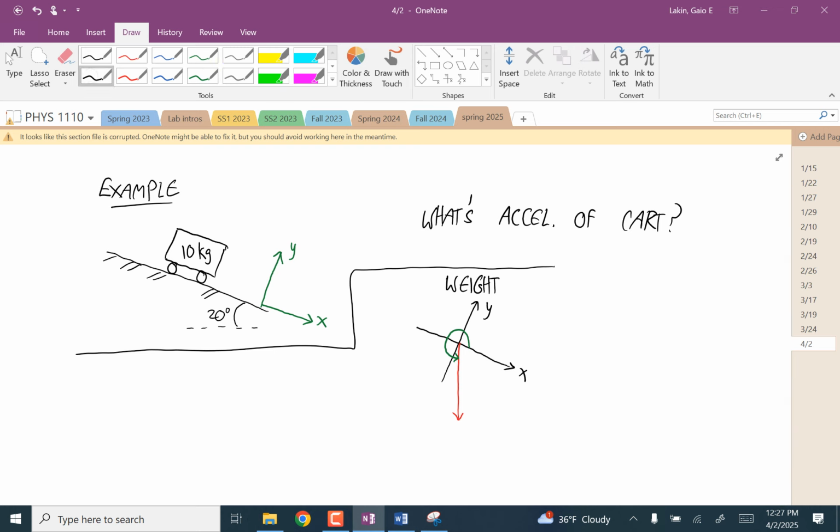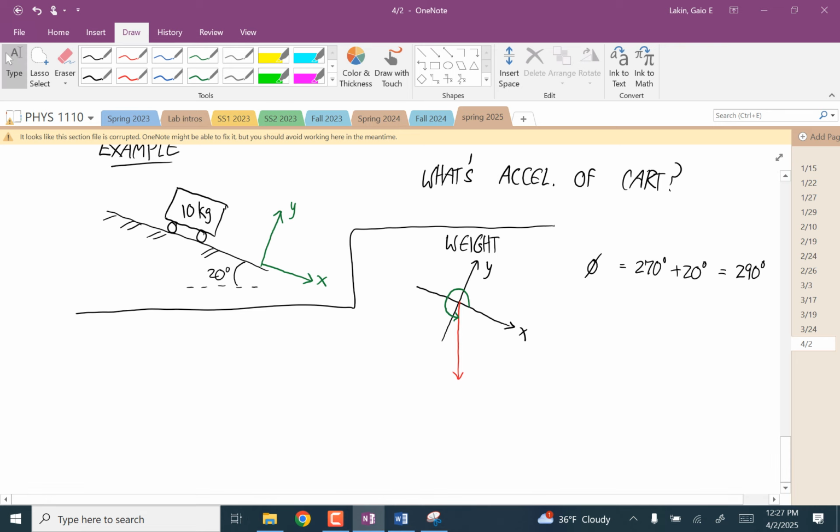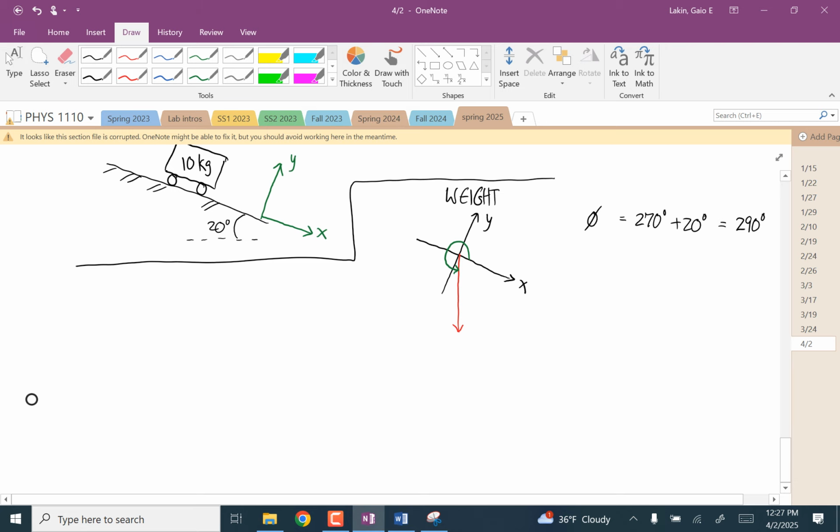Plus, exactly. So phi is 270 plus 20, or 290. And so then the weight force is, well, I'll put that in when I write out Newton's second law.